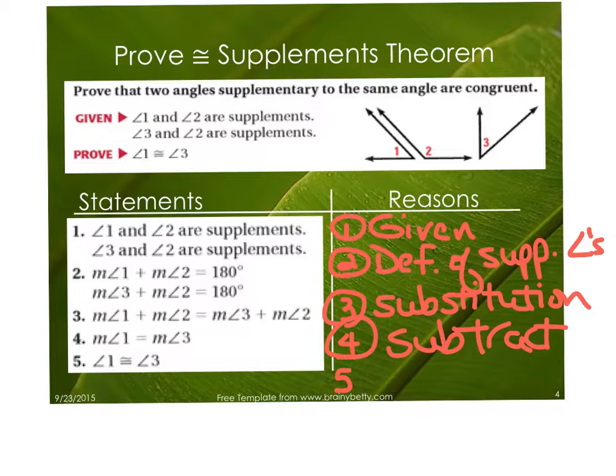Yeah, so definition of congruence. For the last one, can you just put proof or no, you have to put? You have to put a reason. So def of congruent. Pretty good on that one?